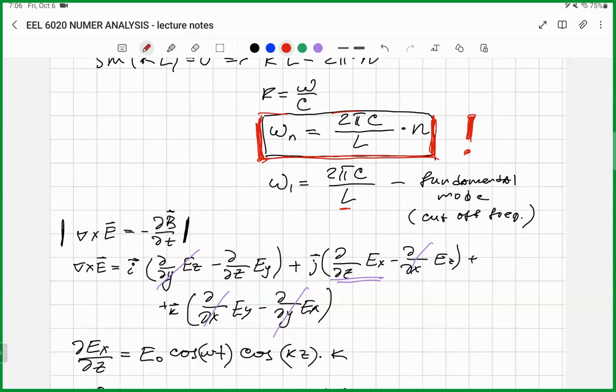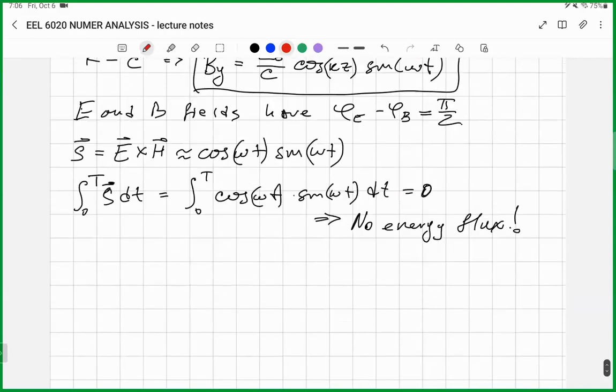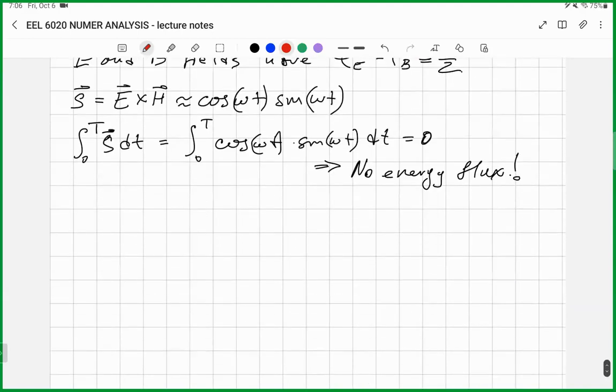For example, a red laser pointer: why is it only red? Exactly because it has a resonator that allows only the red color to exist and be emitted. There are many applications of resonators.